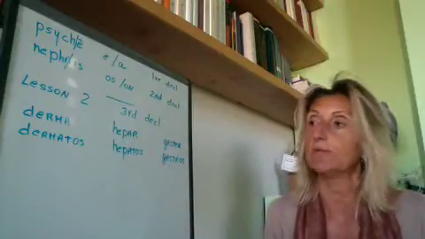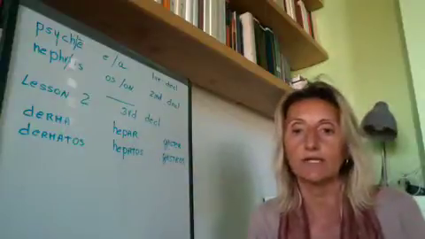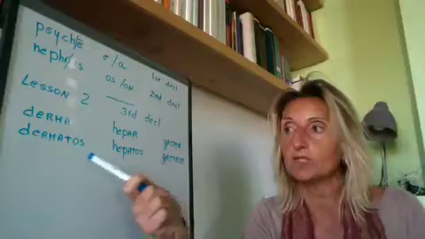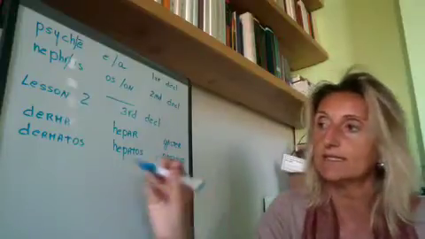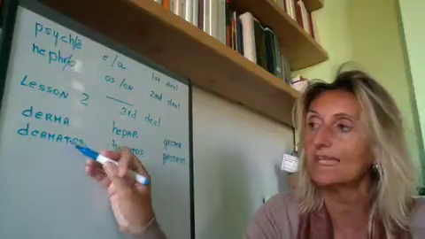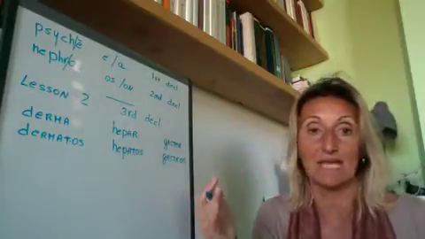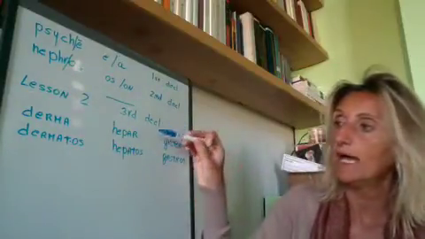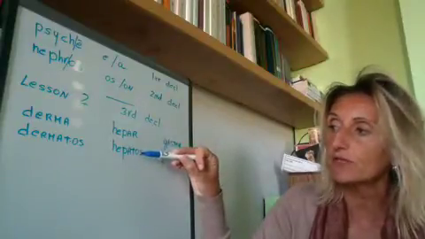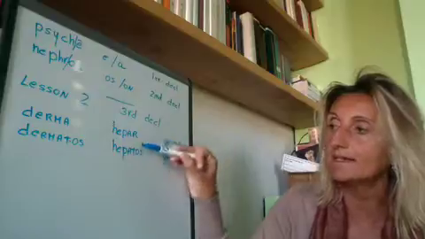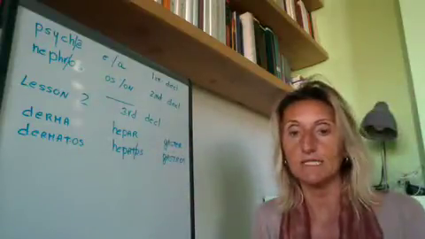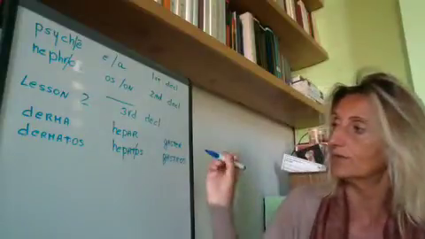So, for example, the word skin in Greek is derma when it's nominative, dermatos in the genitive, in which os is the genitive ending and dermat is the stem, okay? Or hepar, liver, hepar in the nominative, hepatos in the genitive, so hepat is the root of the word.